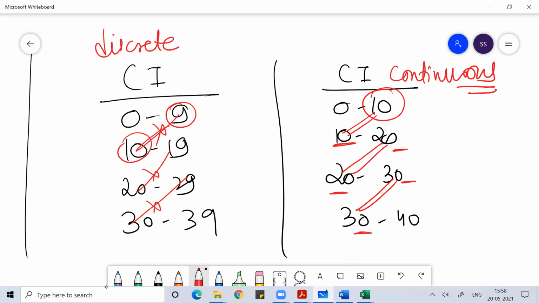I hope you understand it. So what is a discrete class interval? What is a continuous class interval? I think you have understood the difference between them.